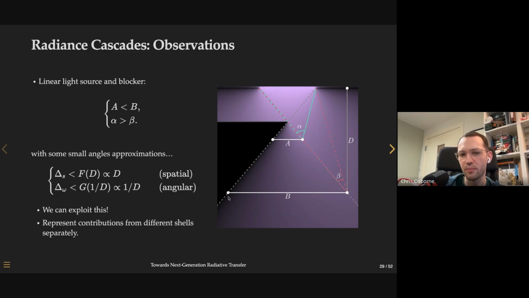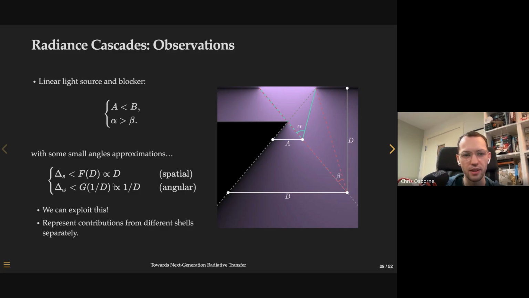So we can pretty much go, oh, there's a linear ramp in intensity from one end of B to the other end of B here. And so that means that if we just have a sample at both ends of B, and this is our only light source in this case, then we can almost perfectly reconstruct the radiation between the two.